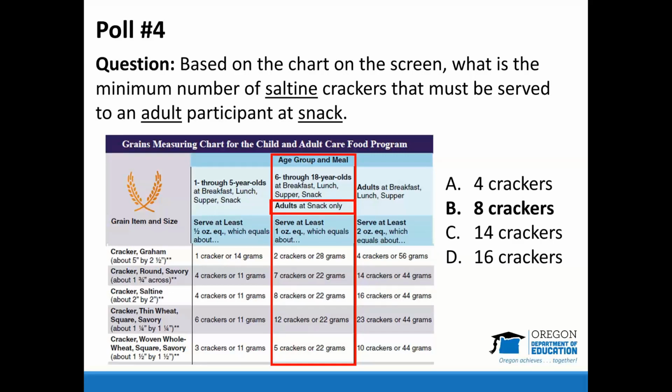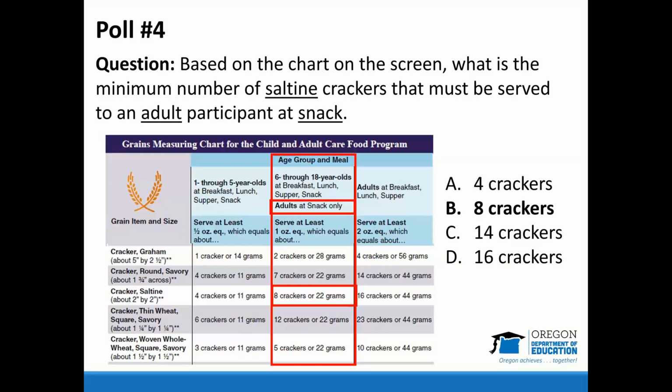Then you can scroll down to saltine crackers about 3 rows down, and you see 8 crackers. It's all about looking at the right place for the right answers. I know sometimes that can be tricky, especially with adult portion sizes. But in general, this handout is very useful if you're using a common grain item.